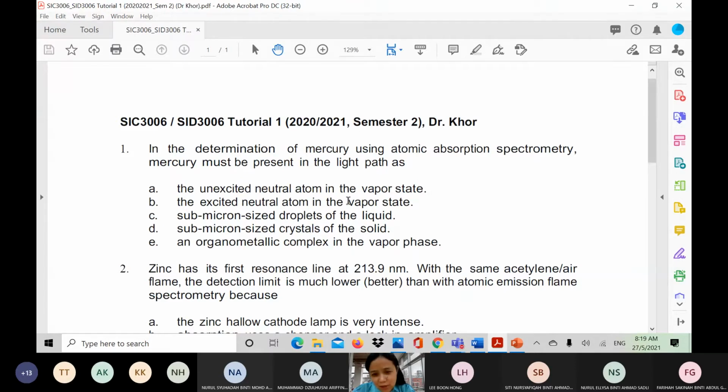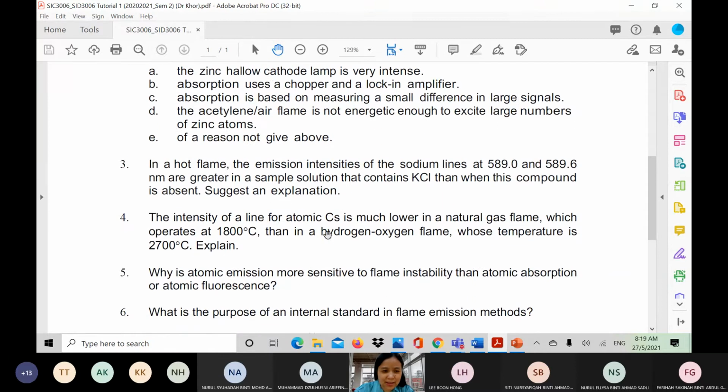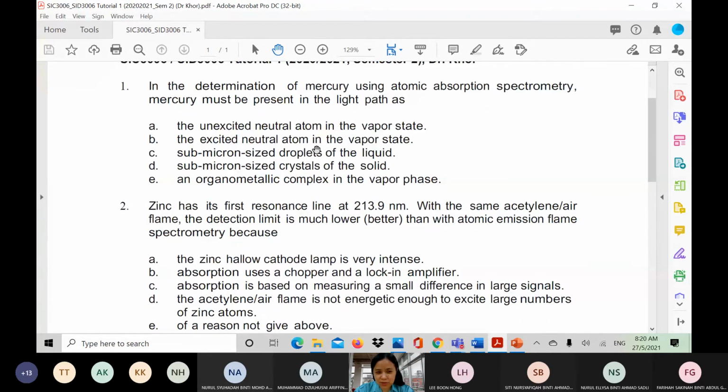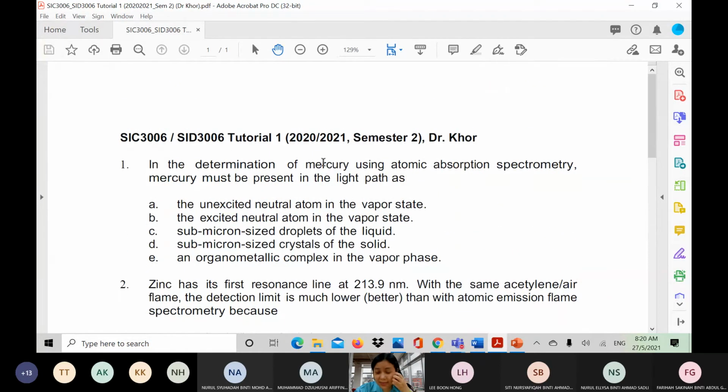Multiple choice questions seem easier compared to structured questions, where I ask a question and you give a short discussion or short explanation. Sometimes the short essay question is even easier than a multiple choice question, because multiple choice sometimes really needs your critical thinking before you can pick the correct answer, right?